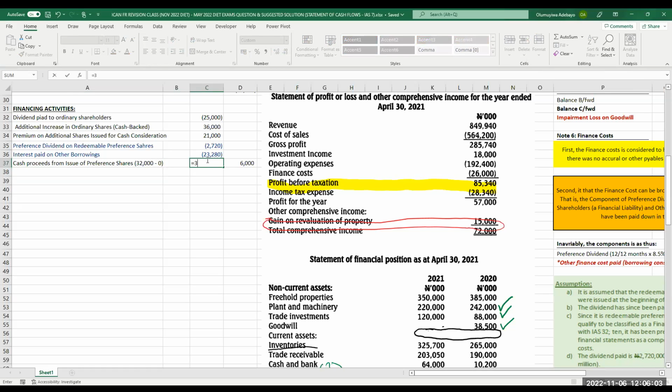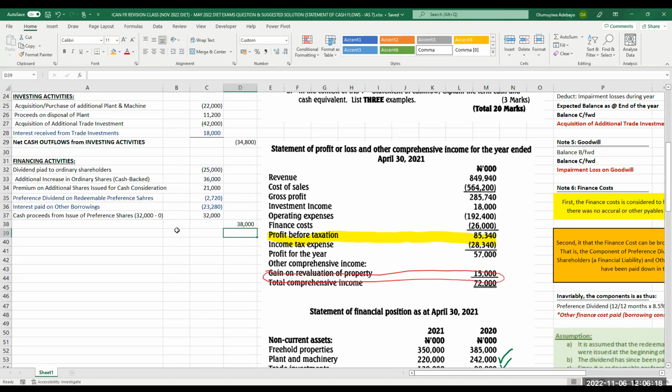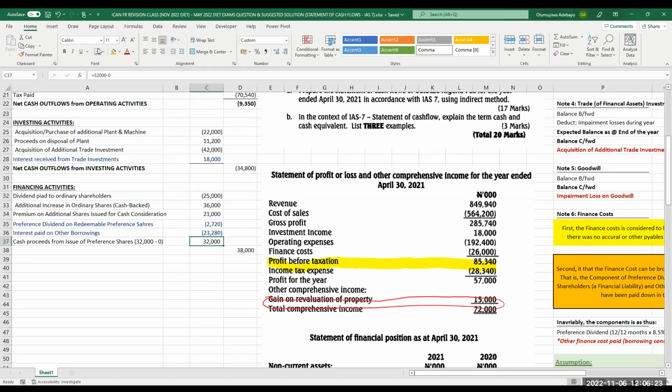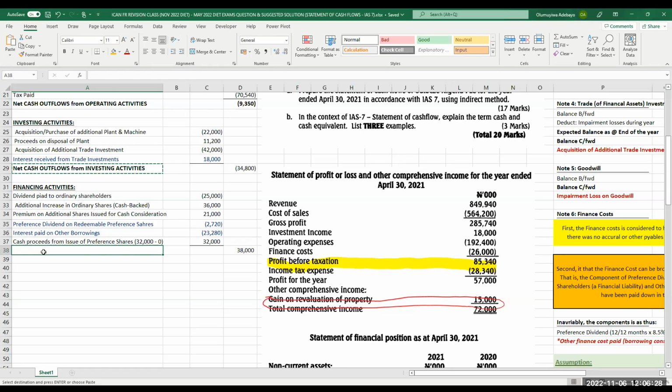Therefore, that is 32 and 0. That's 38. Therefore, this is positive. Therefore, I'll call it cash inflow, net cash inflow from financing activities.